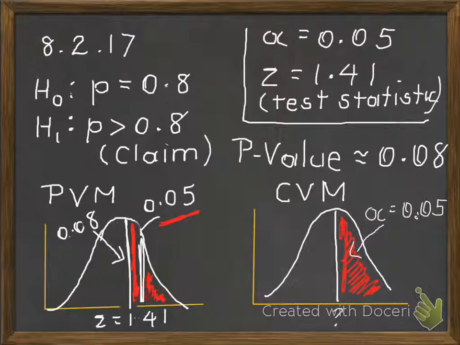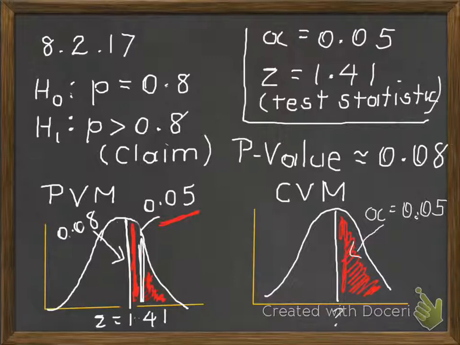Now, the critical value method is another method of hypothesis testing, and in the study plan question, they're asking for the critical value. We use these critical values to perform the critical value method of hypothesis testing.